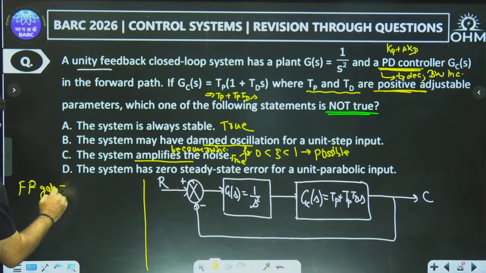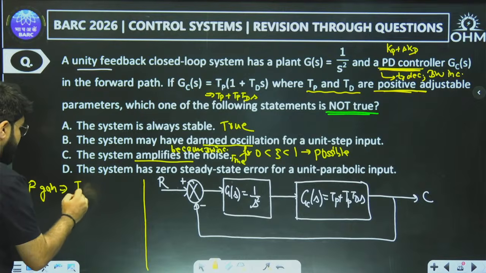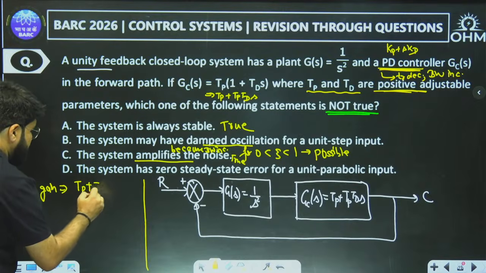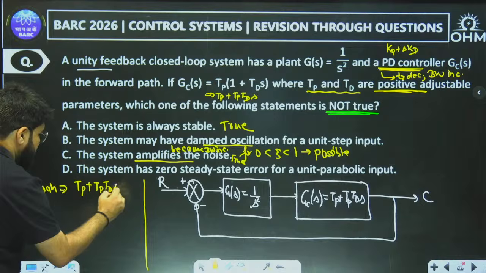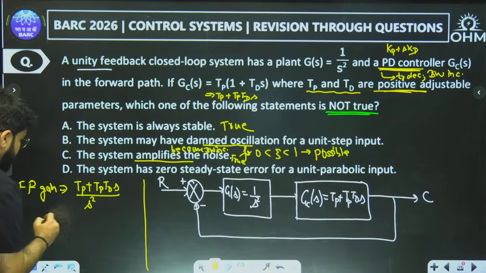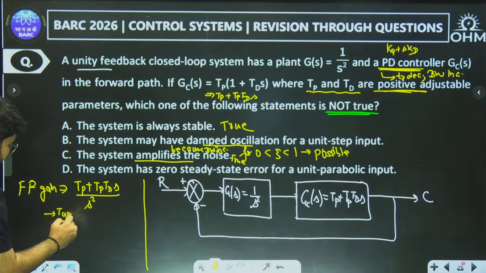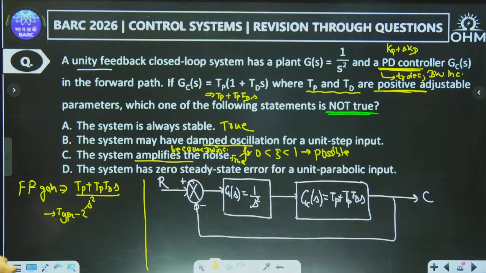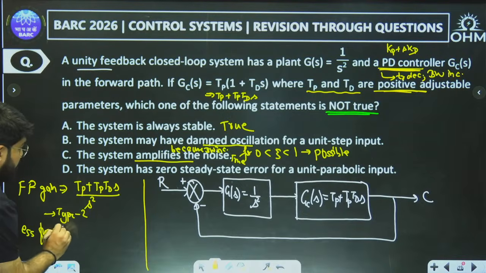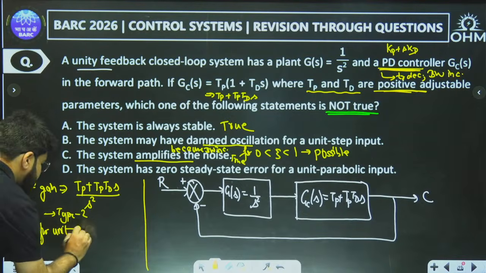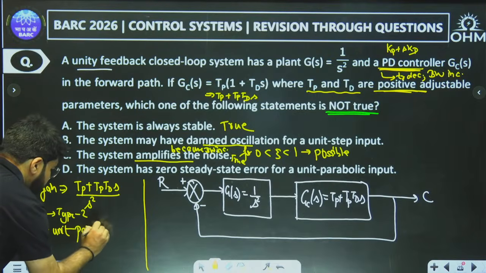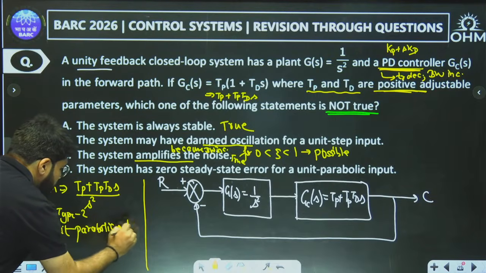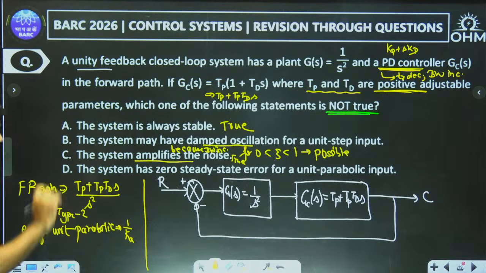When these two are multiplied in cascade, you will see TP plus TP TD S divided by S square. So it is type 2, very clearly. And for type 2, what we just revised in the earlier questions, the steady state error for unit parabolic is 1 by Ka, where it is not equal to 0.